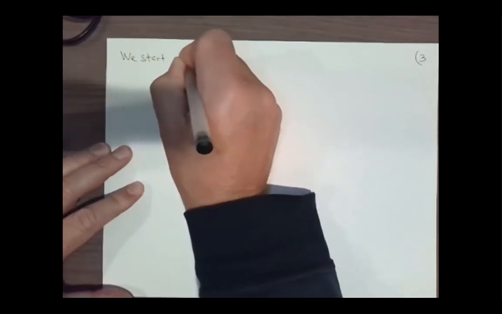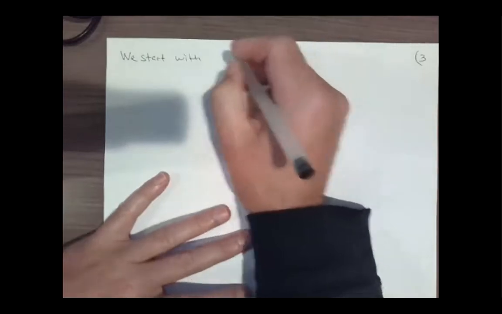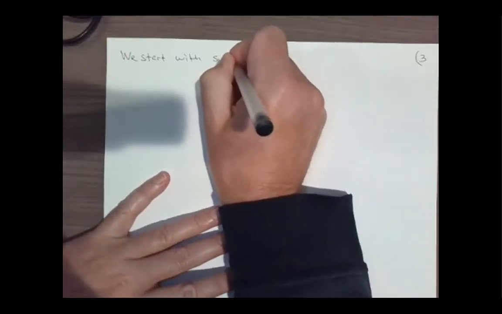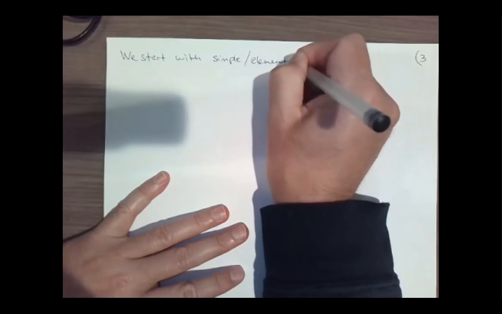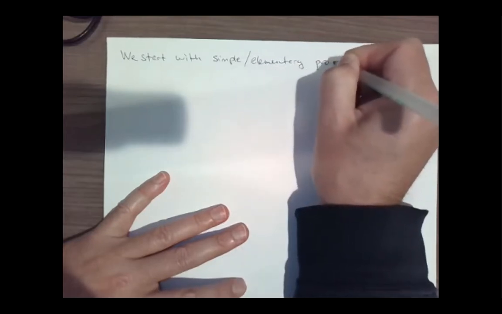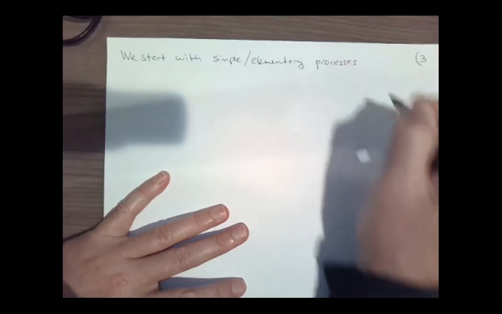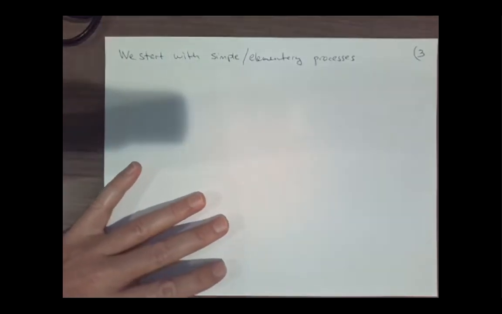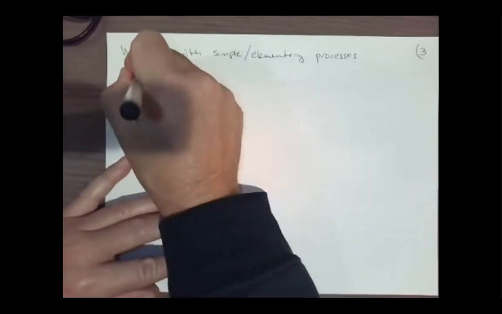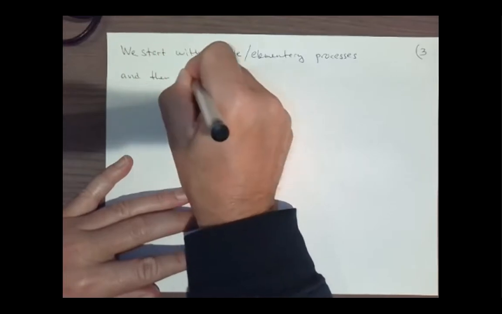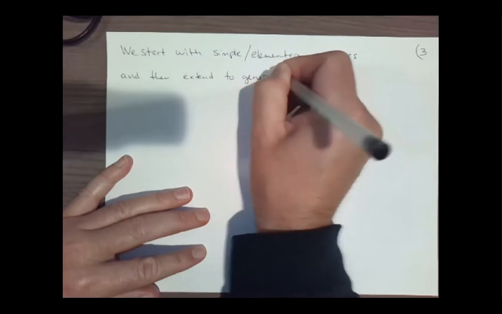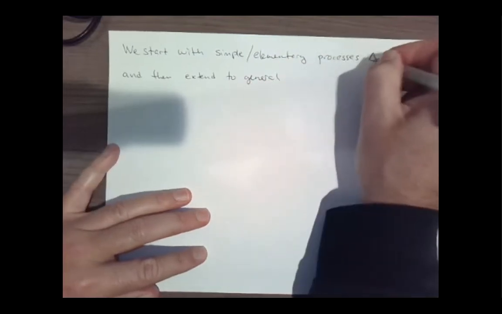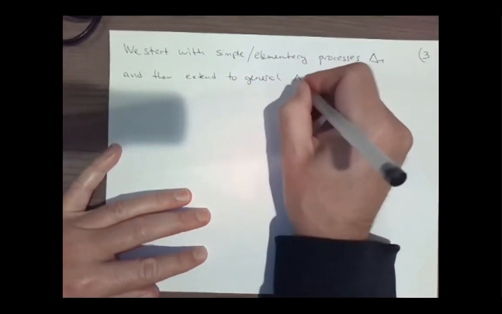We start with simple processes, also called elementary, and then extend to general. These are the deltas, so we do general deltas.